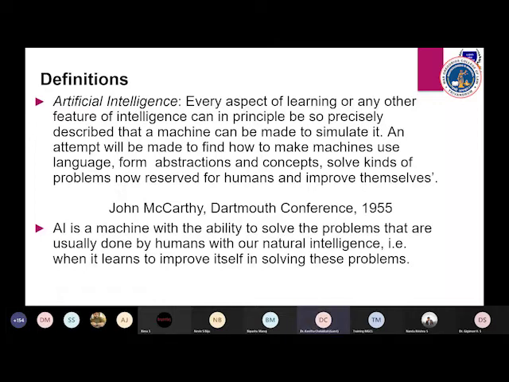They are making an attempt to find how to make machines use language, form abstractions and concepts, solve kinds of problems now reserved for humans, and improve themselves. So you are making a machine capable of thinking, identifying the data it has, identifying a language, and then forming abstractions and concepts and solving problems.